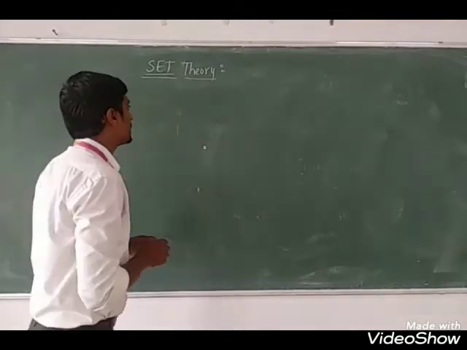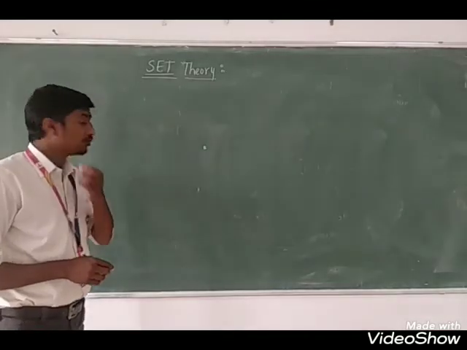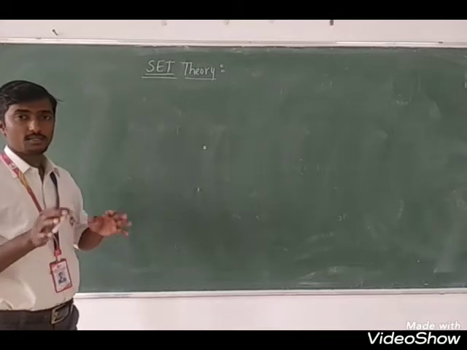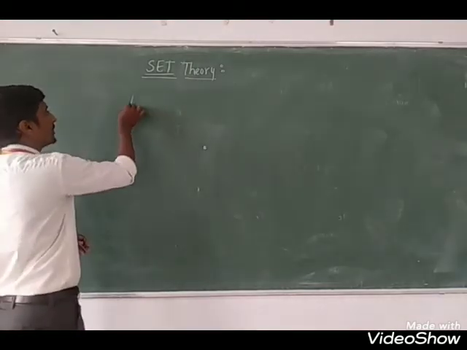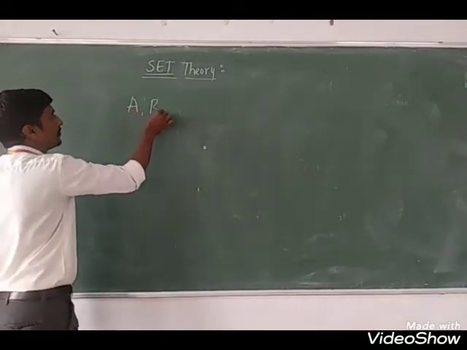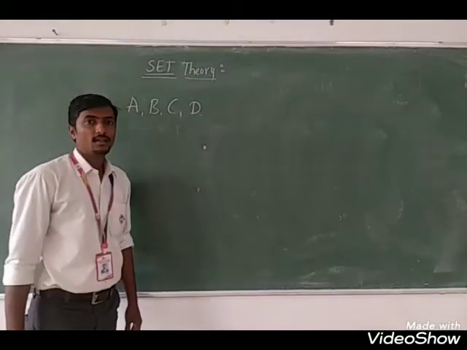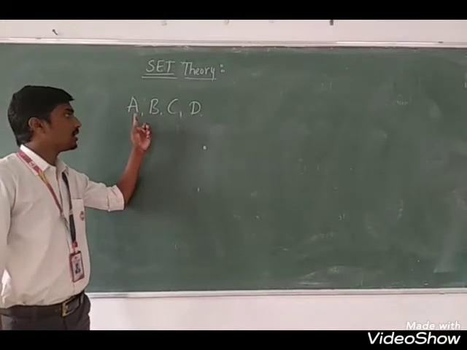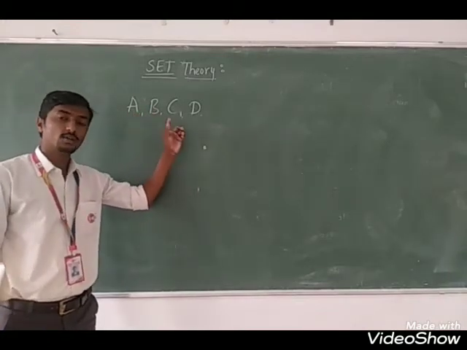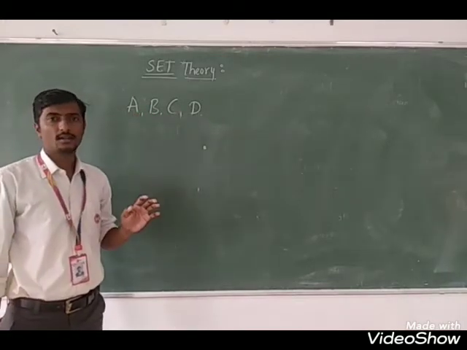Basically, sets are represented by capital letters A, B, C, D, etc. So these are the denotation of sets.